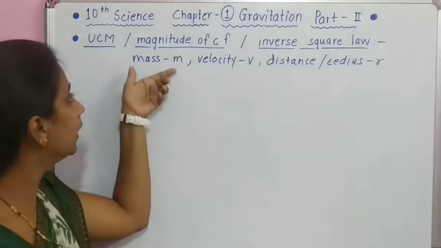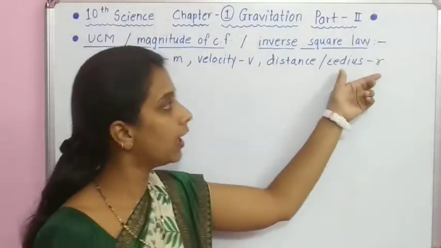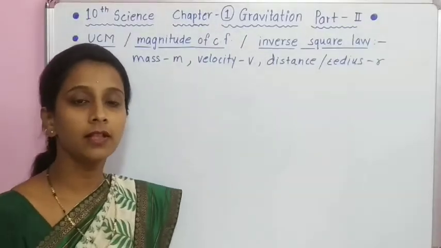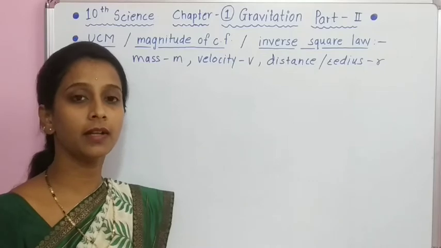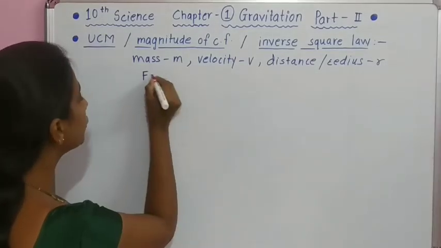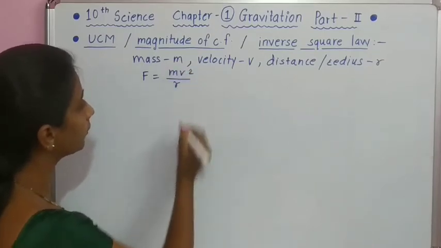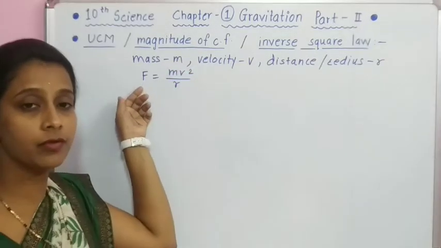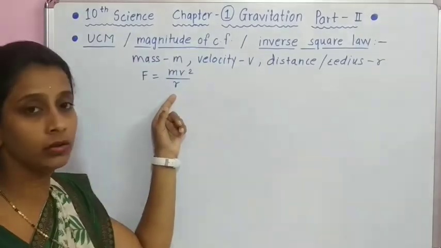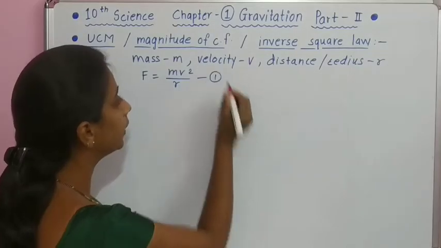So here m is the mass of the object, v is the velocity, and r is the radius. Then the centripetal force acting upon that object is F equals mv square upon r. So the centripetal force we get here is F equals mv square upon r. That is our equation number 1.